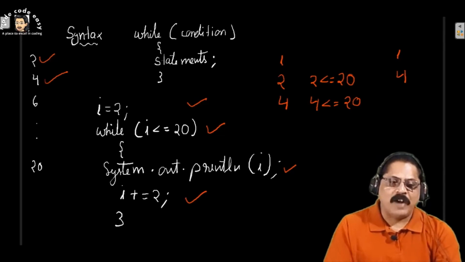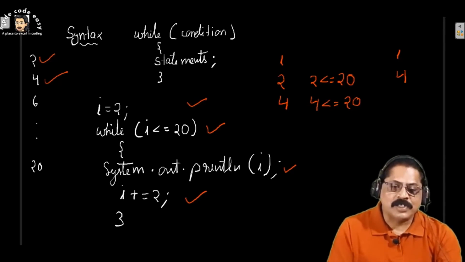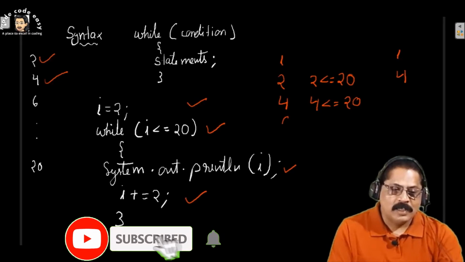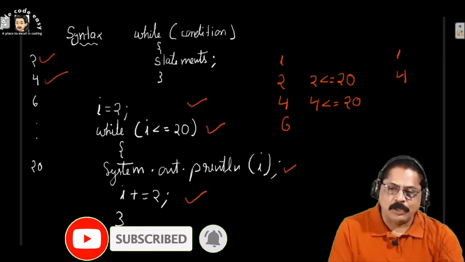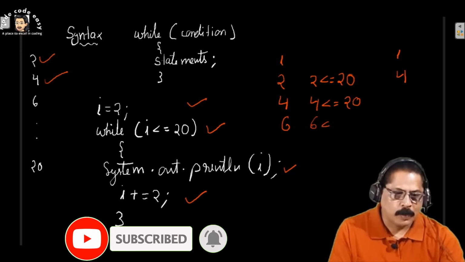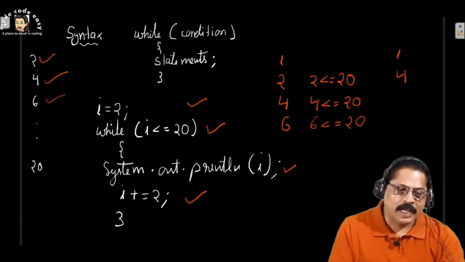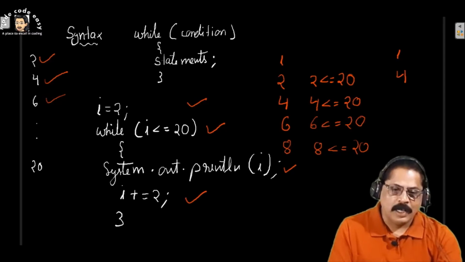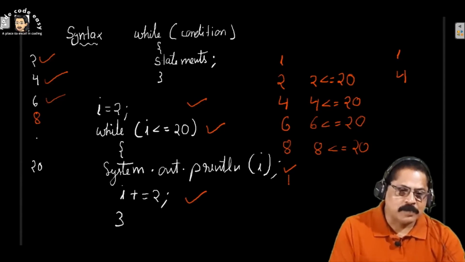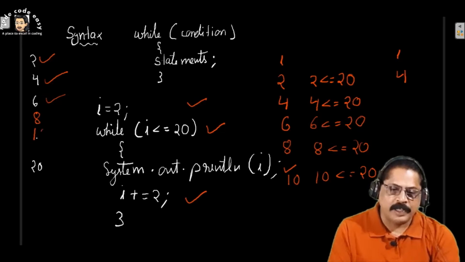Then the value of i again becomes 6. 6 less than equal 20, condition is true. Then it becomes 8. 8 less than equal 20, condition is true. 8 is printed out here. Then it becomes 10. 10 less than equal 20, condition is true. 10 is printed.